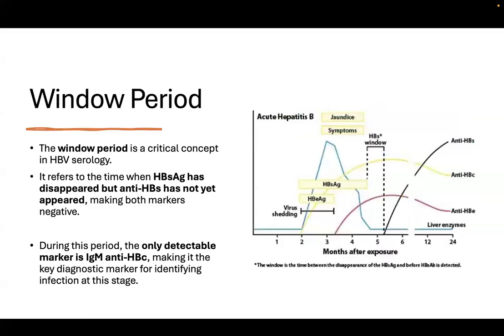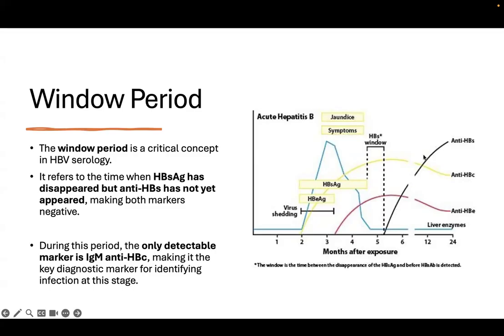Then we have this window period between the acute response and later on the chronic phase. What happens in this window is that your surface antigens have disappeared, but your anti-surface antibodies have not yet appeared.